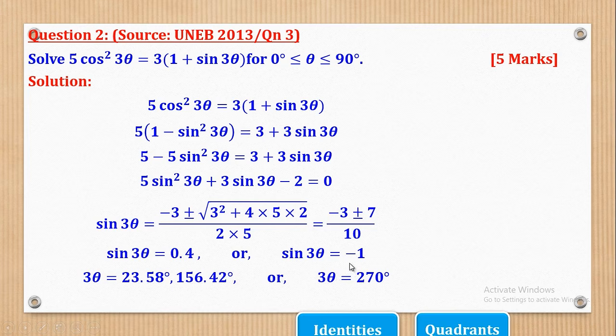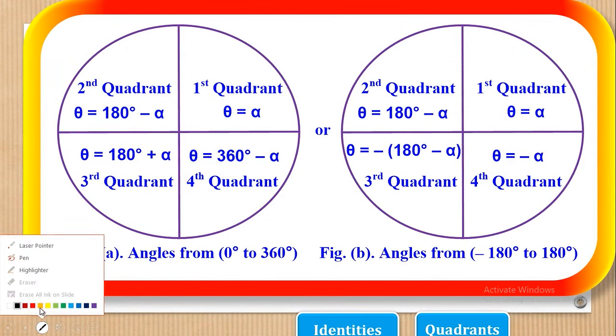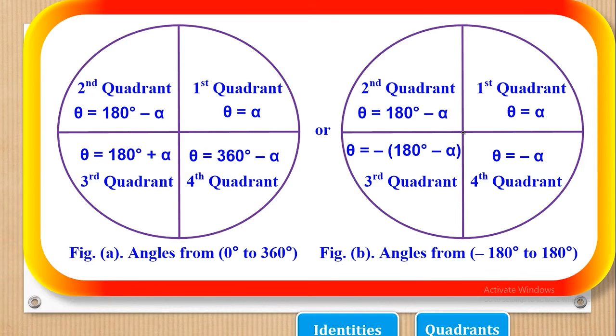Now for this one, sine is negative, meaning that you ask yourself, where is sine negative? So sine is negative here and in the third and fourth quadrant. In the third quadrant, sorry, we are using this range.